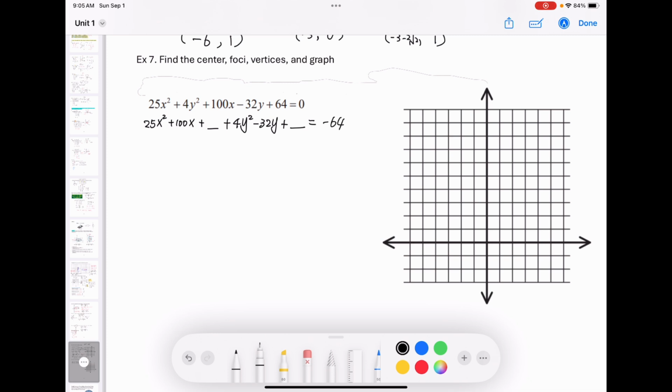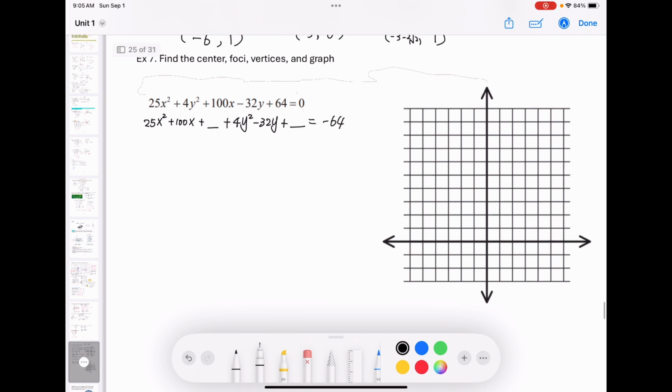And now let's construct our perfect squares. Before that, let's factor out the coefficient of x squared. We have 25 outside, x squared plus, factoring the 25 out of 100 leaves 4x. Then the missing part must be 4 divided by 2, and then squared.